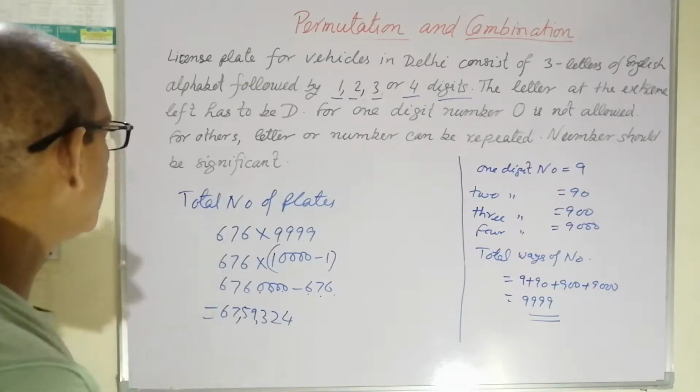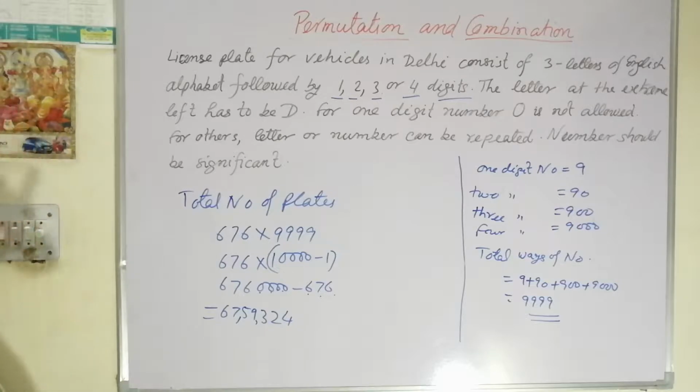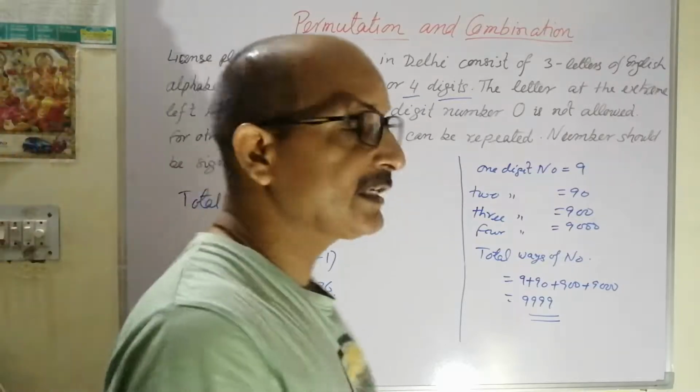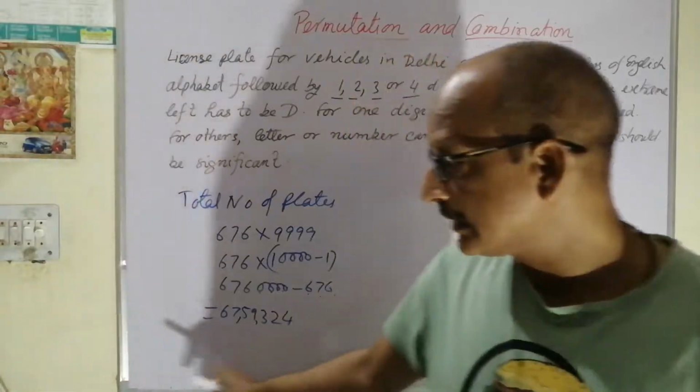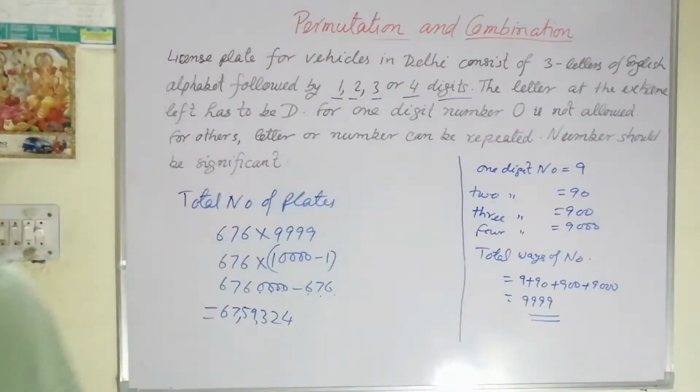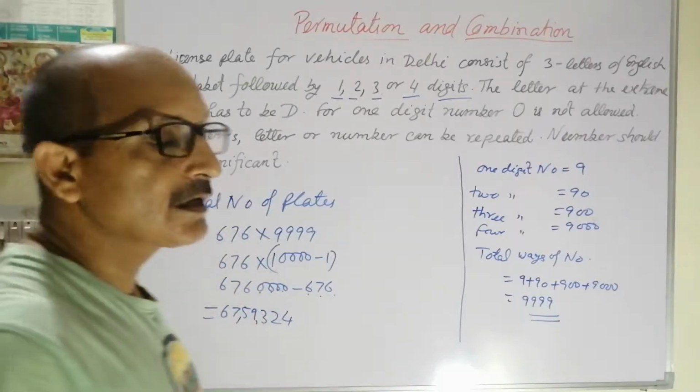This is the total number of permutations we can apply for getting 3 letters followed by a 1 digit number, or 2 digit number, or 3 digit number, or 4 digit number. Total permutation is 67,59,324 in total.